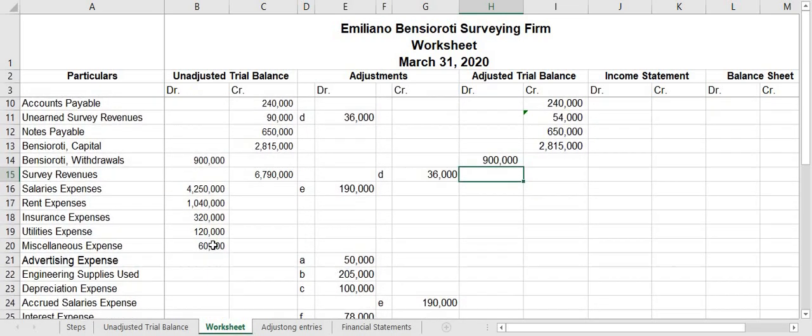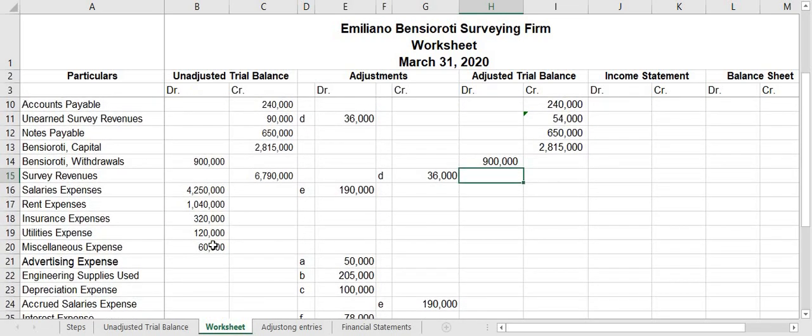Now, for income statement accounts, for revenue, again, revenue has a normal credit balance. Since in this case, meron siyang credit adjustment, therefore, it indicates addition to the accounts. Okay?